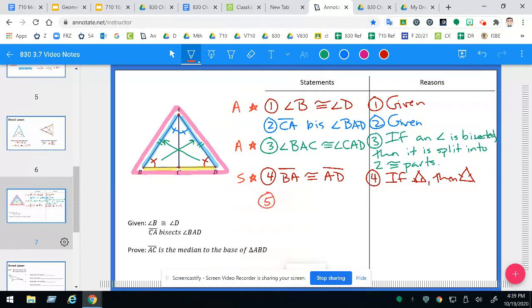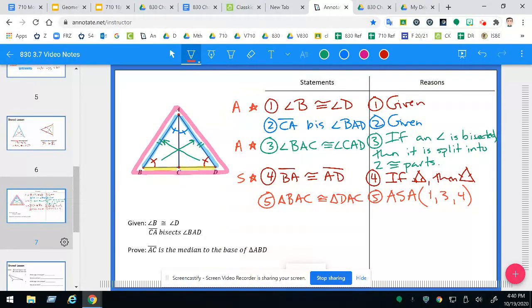So let's go ahead and say that triangle BAC is congruent to triangle DAC. And here we're using angle, side, angle. And we've already identified those 3 steps, which are 1, 3, and 4.